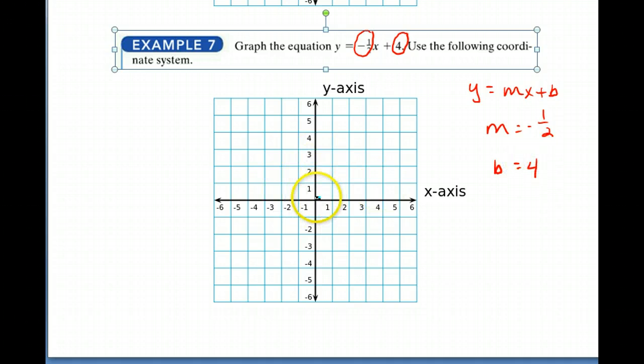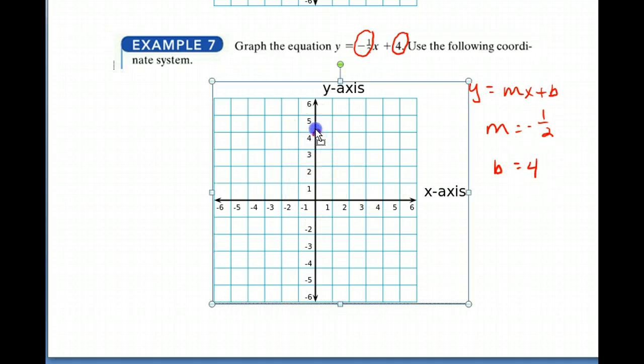So we start with the y-intercept by putting the point on 4, and we use the slope, which is negative 1/2. When it's negative, we fall down 1 and run 2. Fall down 1 and run 2. That gives us the line that slants down.